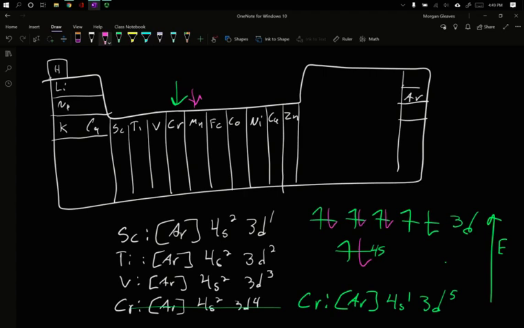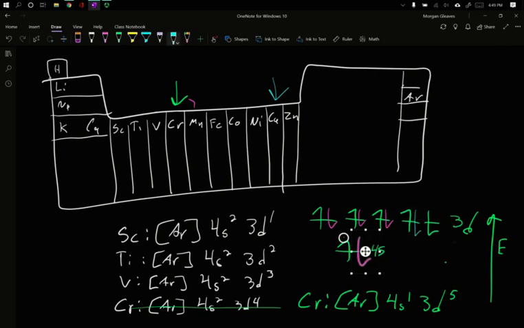When you get to copper, however, well, this is going to be our 9th electron here. And when I put that in, I now have the ability, I can move that 4s electron again.